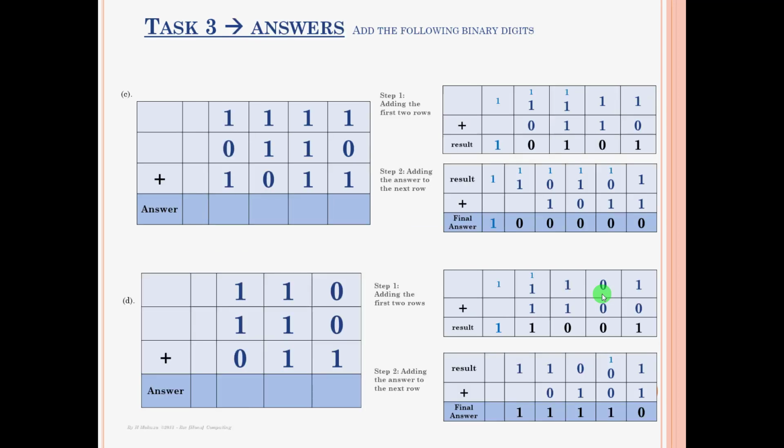C and D, those are the answers. If you got it right, well done. You're very smart. You're a genius. This one went down here, and this result got down there, and we added them to the last digit. So we're going to move on again.